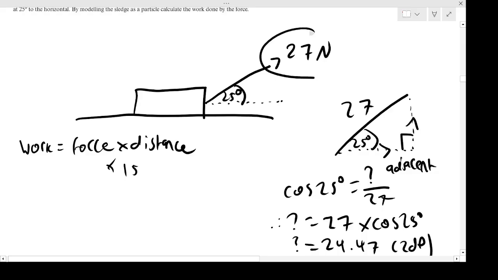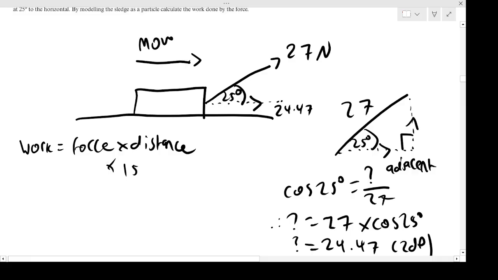Okay, so that's the part of the force 27, this 24.47. That is specifically the part of the force that is straight ahead, horizontal, in the direction where it's moving. That's important. The force has to be in the same direction as the movement.